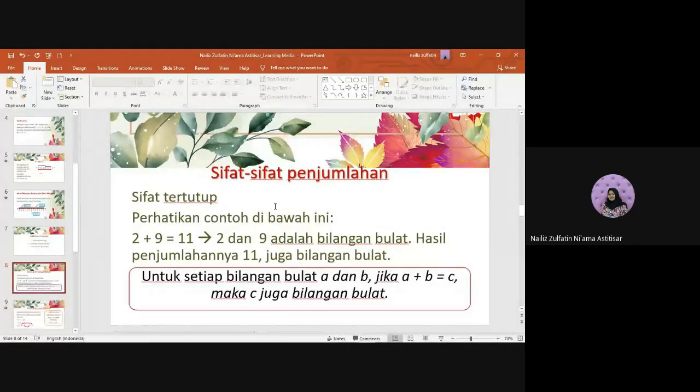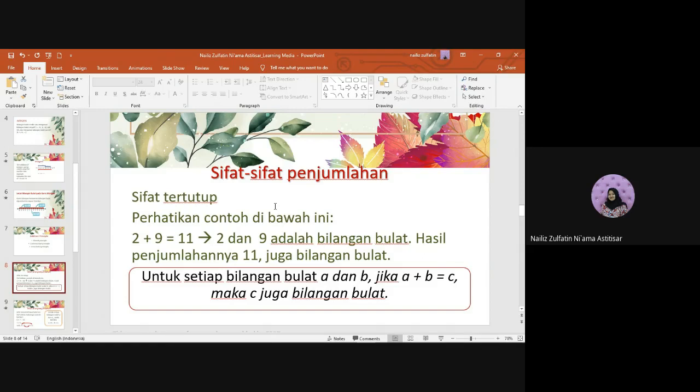Look at the example. 2 plus 9 equals 11. 2 and 9 are integers. The sum is 11, also an integer. For every integers a and b, if a plus b equals c, then c is also an integer. Jadi sifat penjumlahan, sifat tertutup.